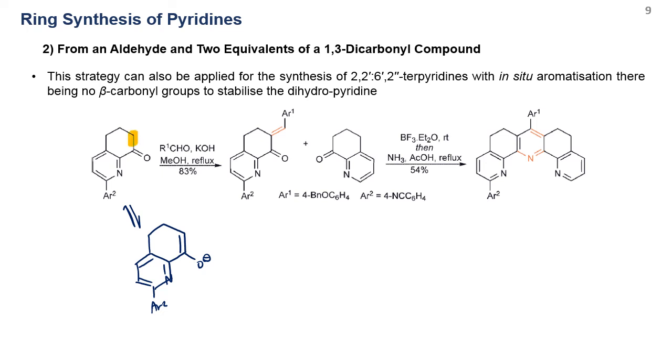And from here, this will attack the more electrophilic aldehyde. And after elimination at reflux, you are going to form the aldol product here with a new C=C double bond, and hence you are going to generate the alpha beta unsaturated carbonyl compound.